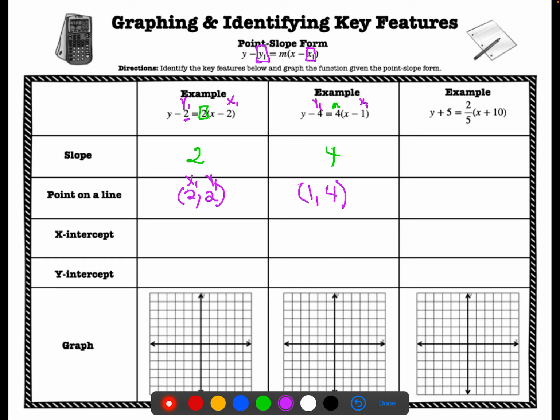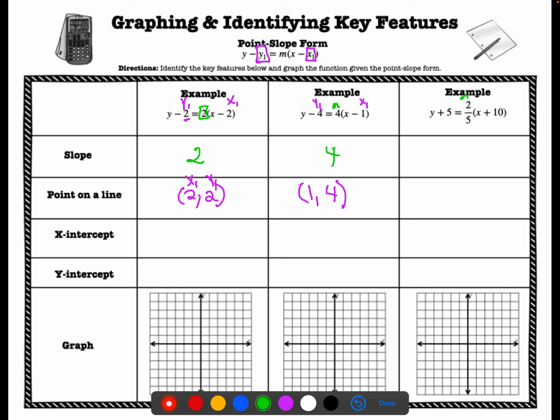All right. Last example. Let's say we switch it up and say y plus 5 equals 2 over 5 times x plus 10. Notice that now we're dealing with plus signs. Our slope is still the number in front of our parentheses, so 2 over 5. That's our slope.